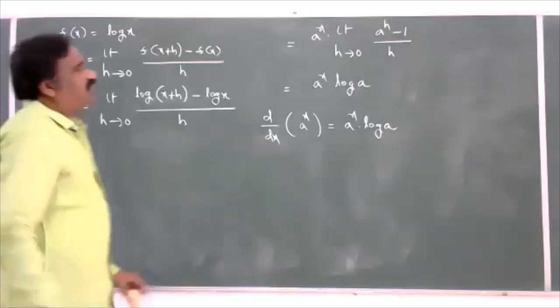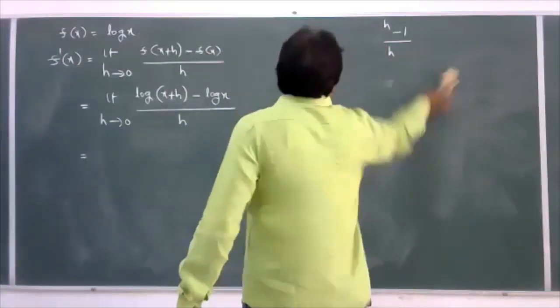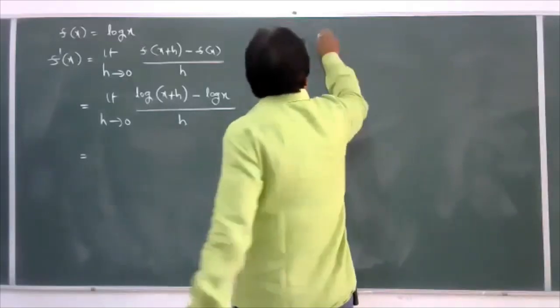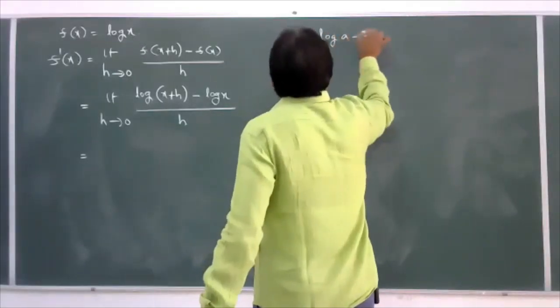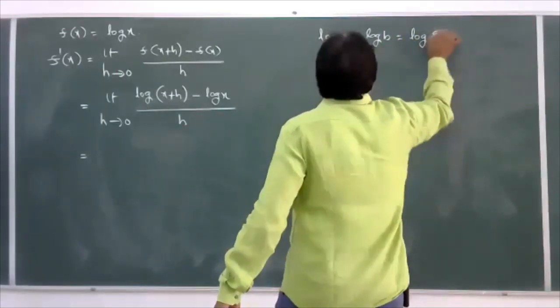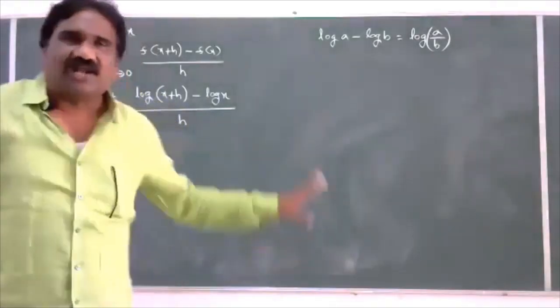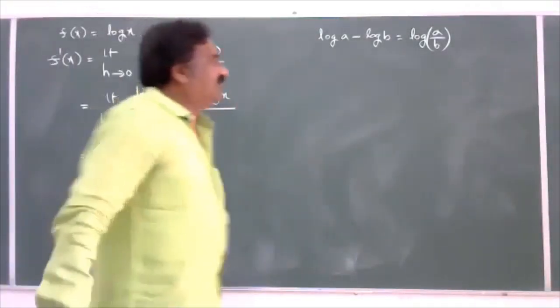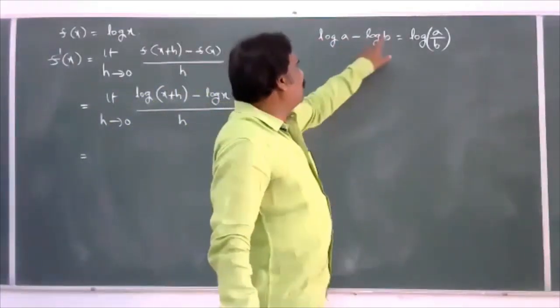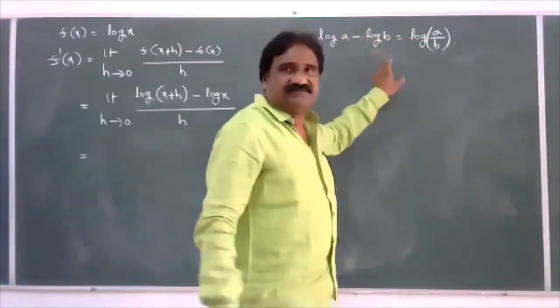So you remember the formula. Log a minus log b is log a by b. Log a plus log b is equal to log ab. Like that, log a minus log b is equal to log a by b with the same base.